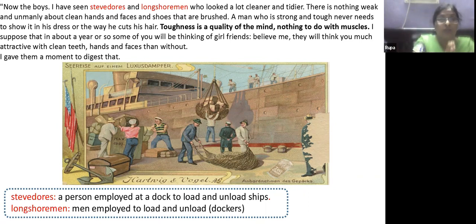At the same time, he spoke about girlfriends, and he made one point very clear: girls prefer boyfriends who are very neatly dressed, who look very attractive, who have clean teeth, hands, faces. So the children, especially the boys, must be able to grasp what sir was intending to tell, what sir really wants them to understand. So he gave them some time to understand.